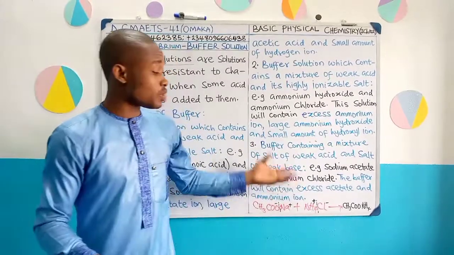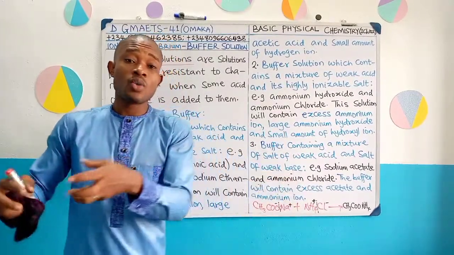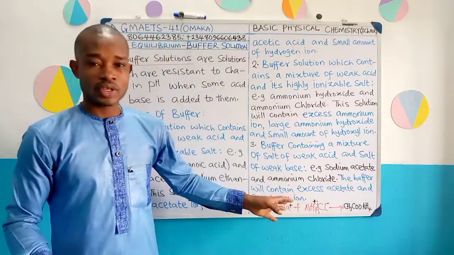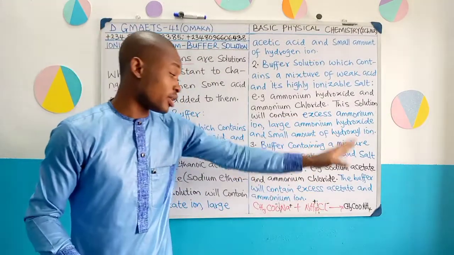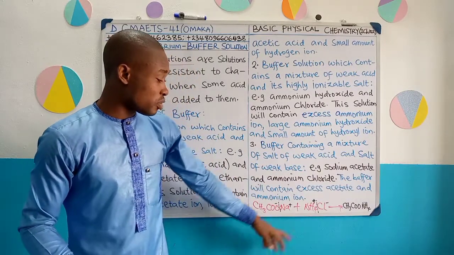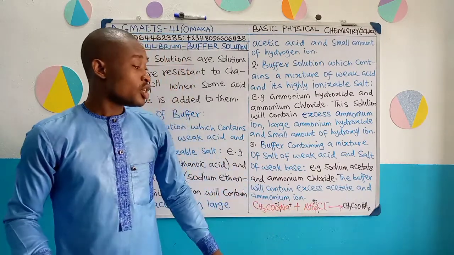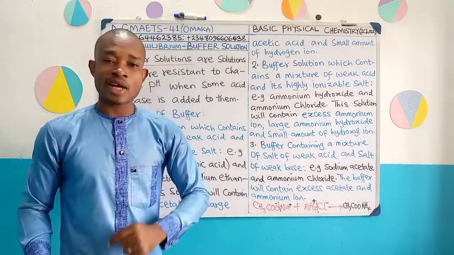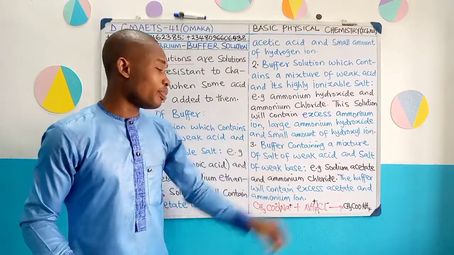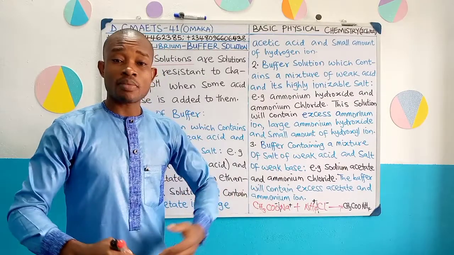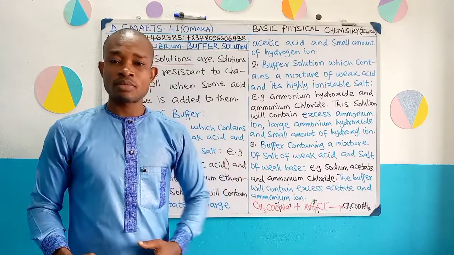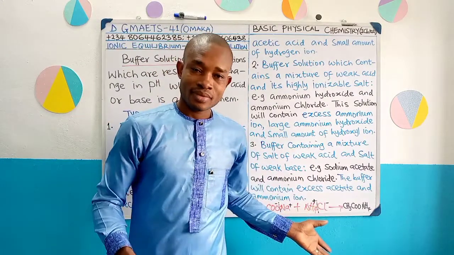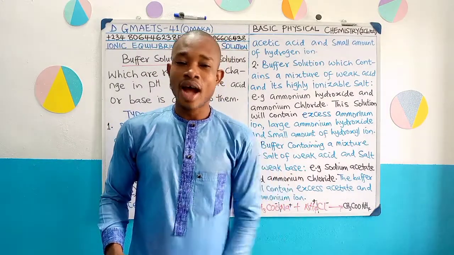The salts that formed this buffer solution are salt of weak acid and salt of weak base. So we're not considering the sodium chloride that's going to form in the product. Our interest is in the formation of this ammonium acetate. So if you have a buffer solution containing a salt of weak acid and salt of weak base, for example sodium acetate mixed with ammonium chloride, what is going to be in excess in this case is ammonium acetate.